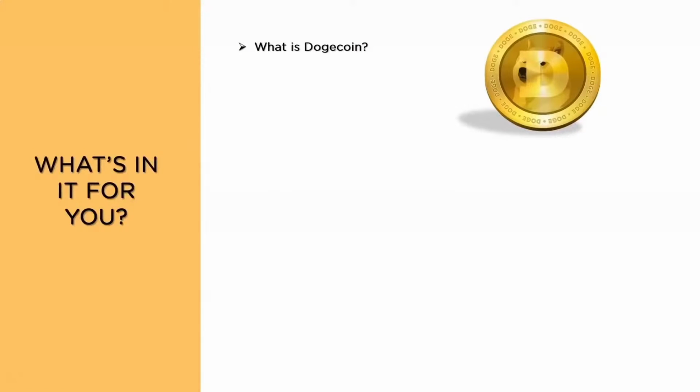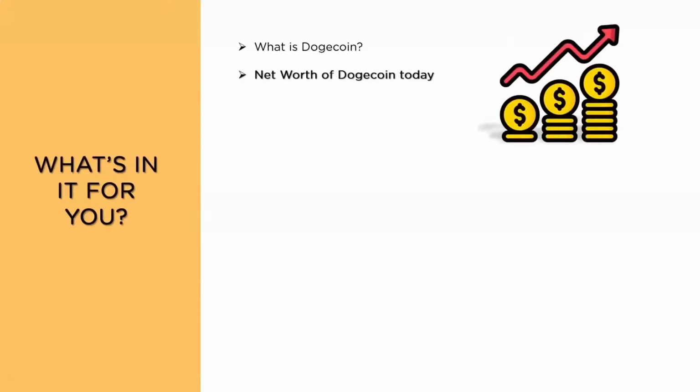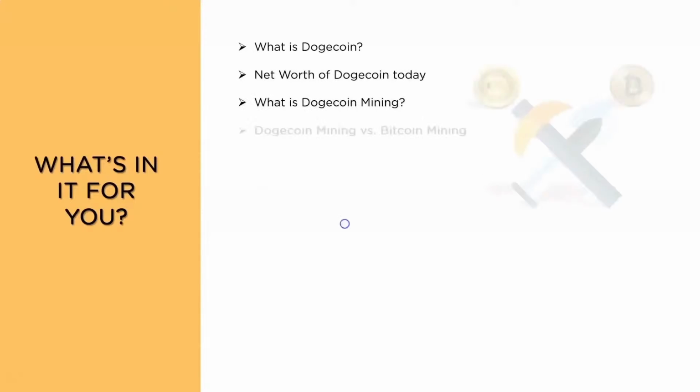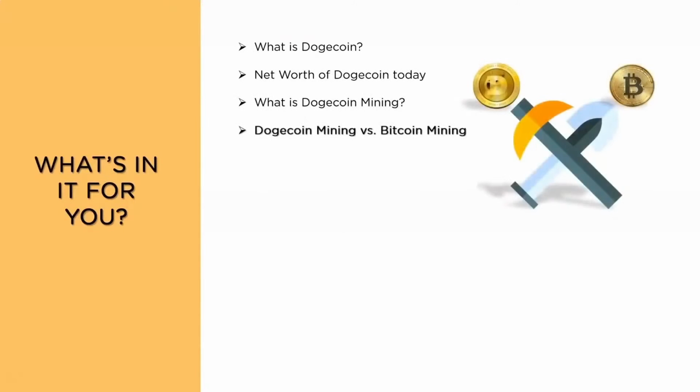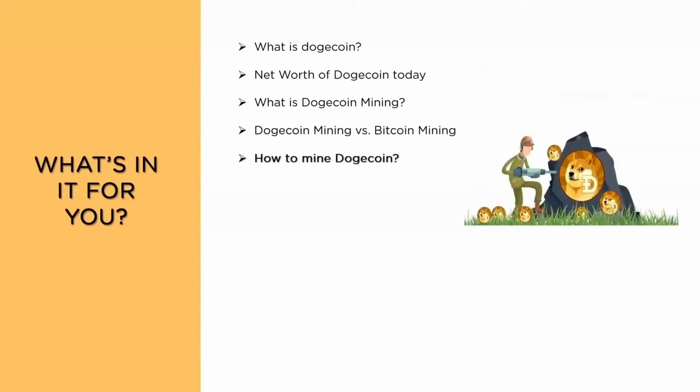First, we will have an introduction to what is Dogecoin. Then, we will figure out the net worth of Dogecoin today. We will understand what Dogecoin mining is. Then we will have a comparison of the mining process of Dogecoin with a few other cryptocurrencies like Bitcoin. Then we will dive into how to mine Dogecoin.